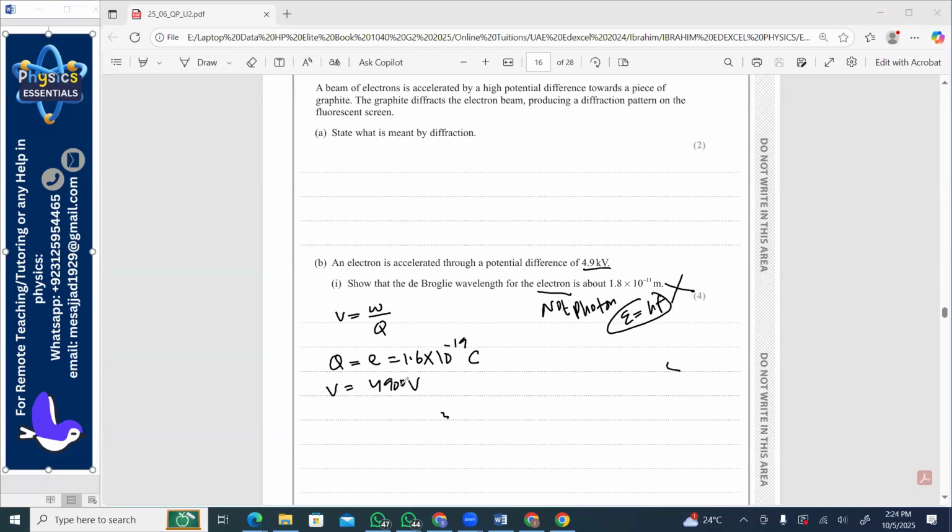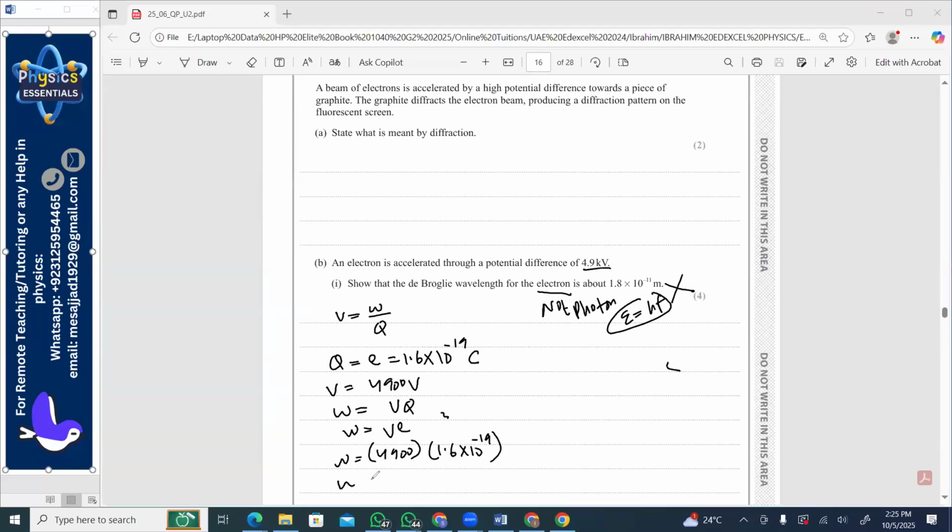So the work done that you can obtain from here, to find out this energy, let me multiply that.